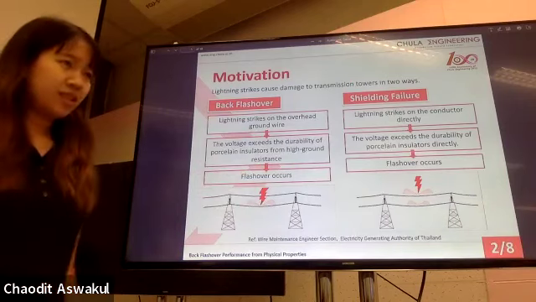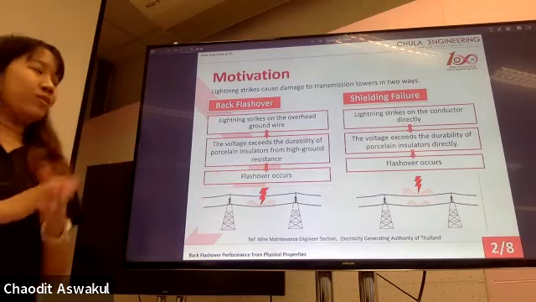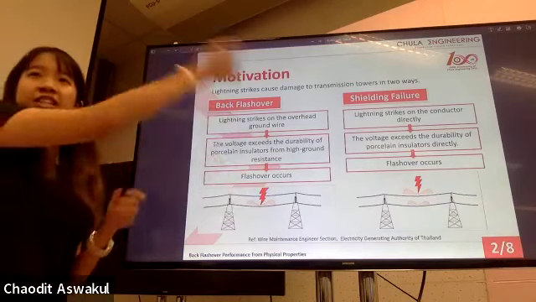Could you repeat the question first? What is the most damage from backflashover and shielding failure?